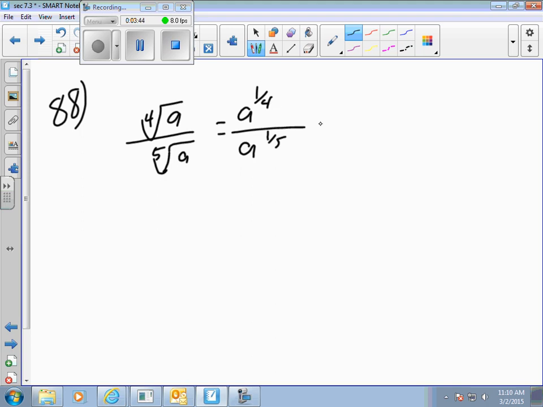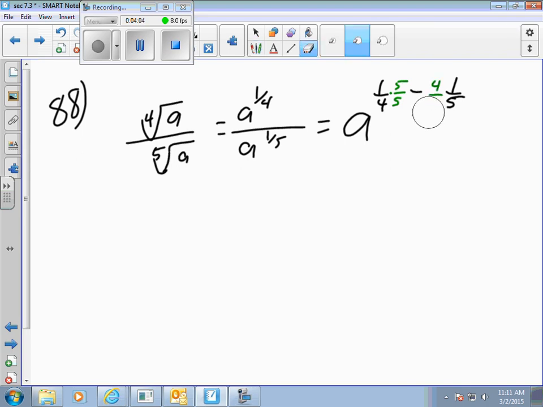When we divide, we subtract exponents, so I'm going to have a to the 1/4 minus 1/5 powers.